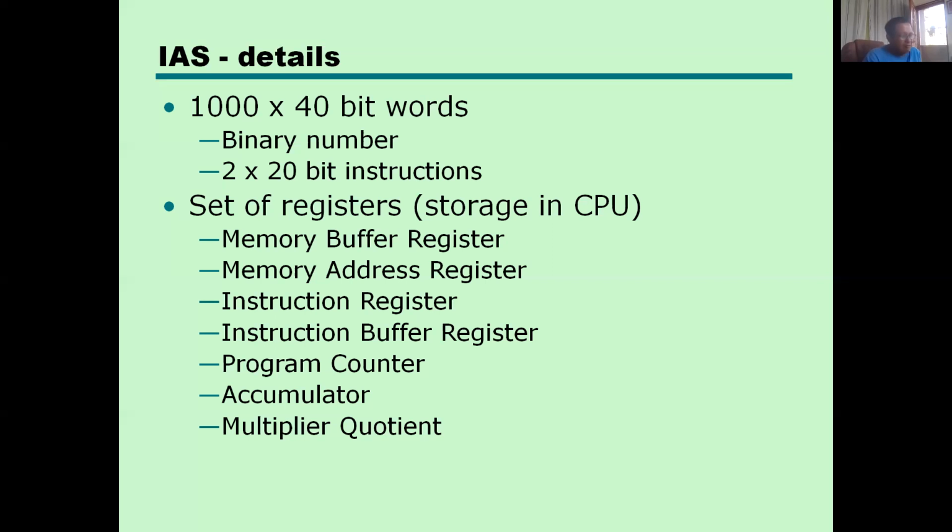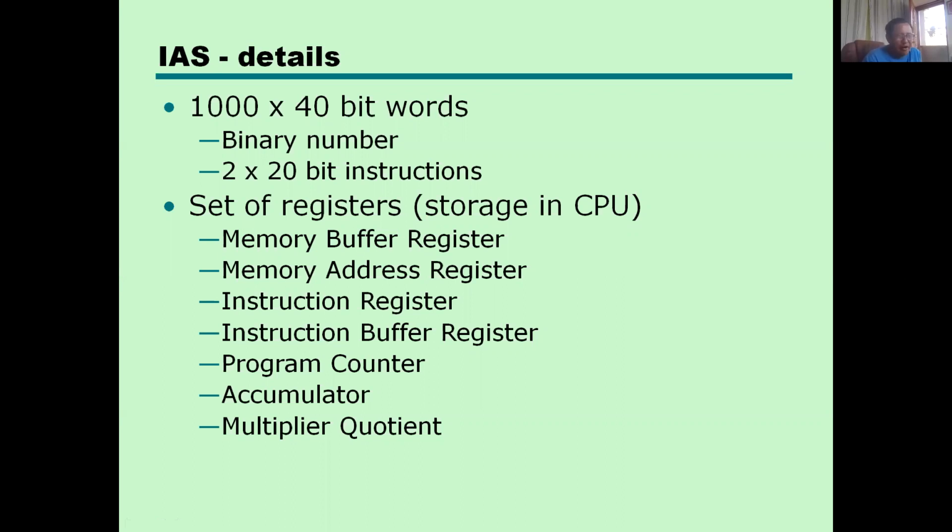The instruction register stores the instruction loaded during the fetch. Because there are two types of fetches, fetch data or fetch instruction. When fetch data is done, the result is in the buffer. Do you follow? When fetch instruction is done, the result is in the instruction register.